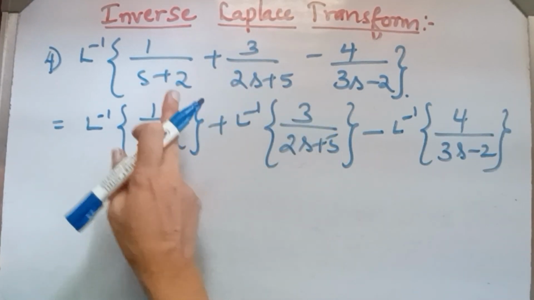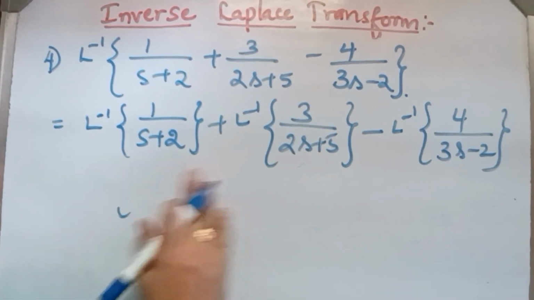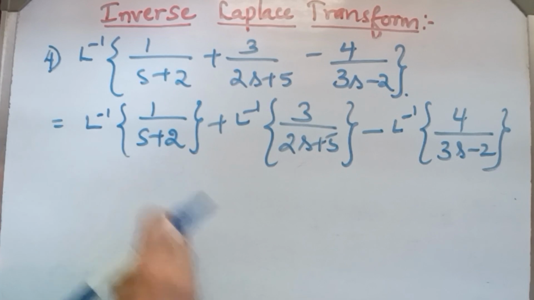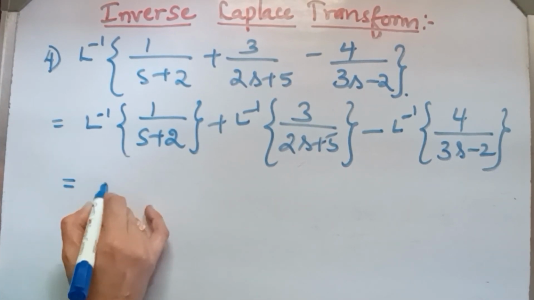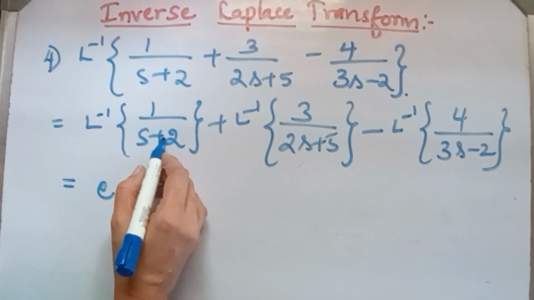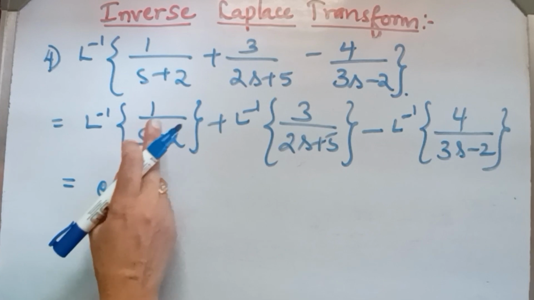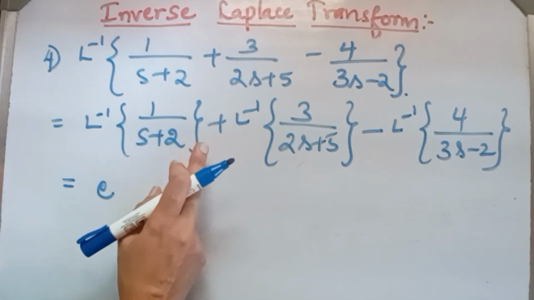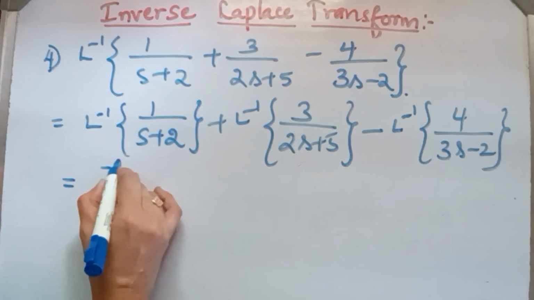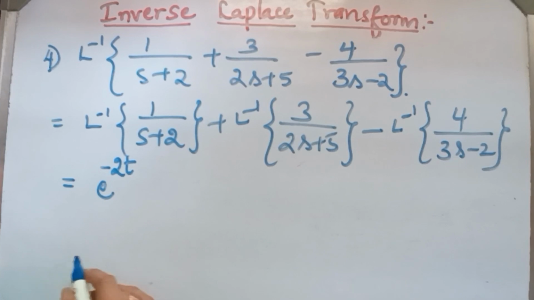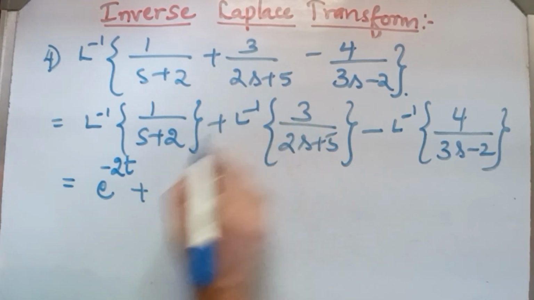Now you can take the constant outside. So now it is of the form 1 by s plus a. So what is the inverse transform? The a value is 1. Inverse transform of 1 by s plus a is e to the power minus at. So e to the power minus 2t plus 3 is a constant.